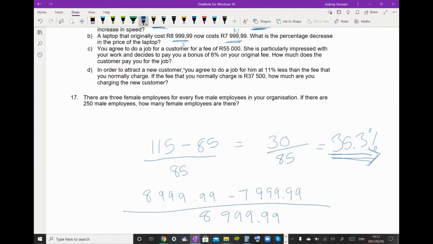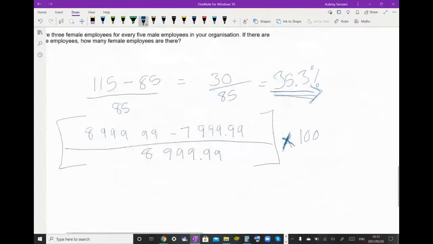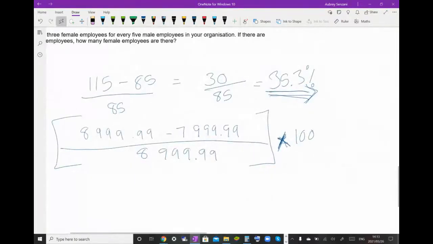Somebody tell me what is the percentage change. And here you could even just, if you wanted to do it all at once, say times 100. So we can just put that in brackets to make our lives easier. What's the answer there? Somebody tell me. I think that's 1,000 divided by 8,999.99, times 100.